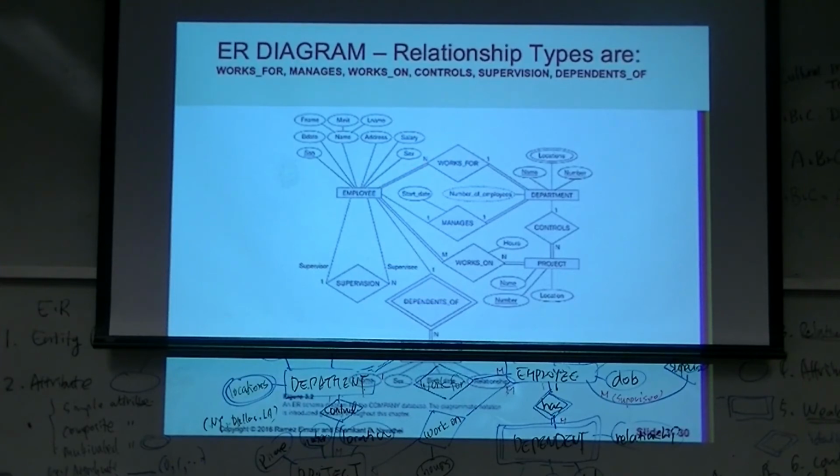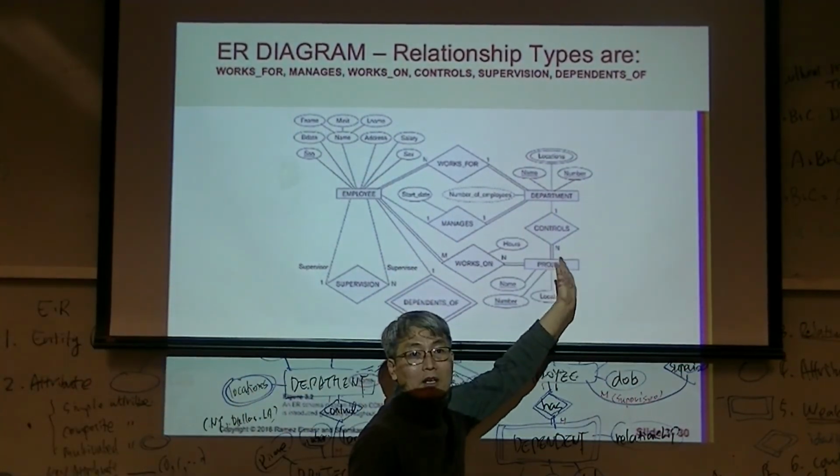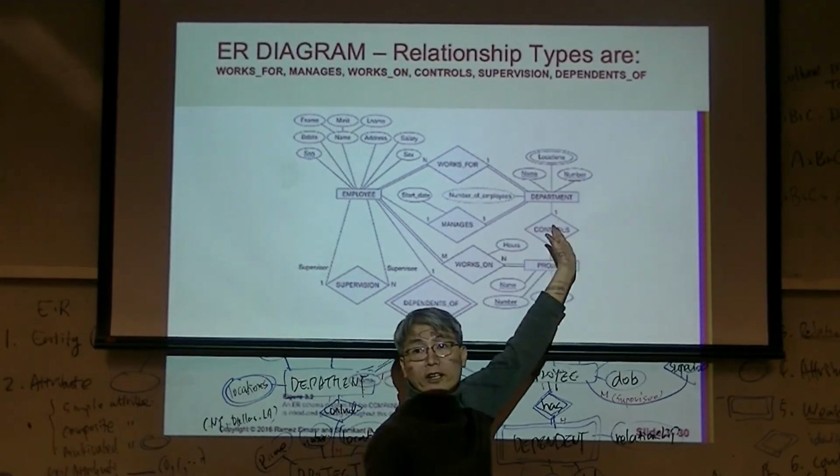And also an employee must be assigned to a department, so it's a double line. And the start date. Works on is the same thing. The double line means an employee should have at least one assigned project, and the project should have at least one employee. But for department and project, some departments may not have a project, but a project should have a controlling department.